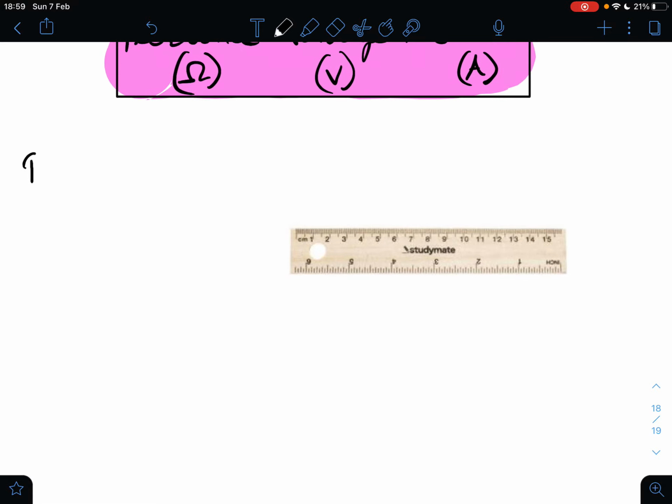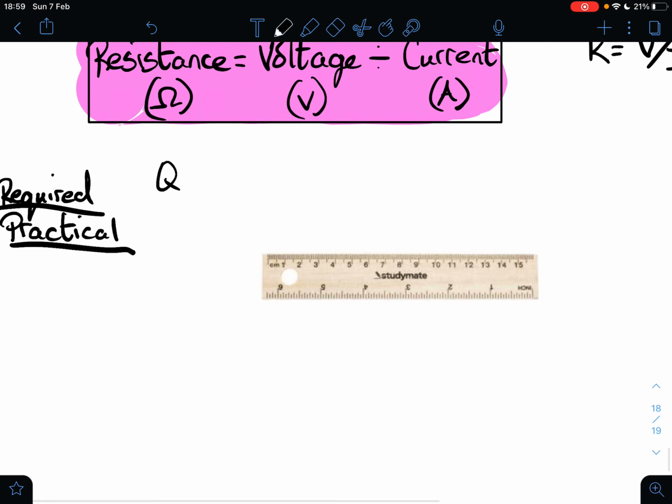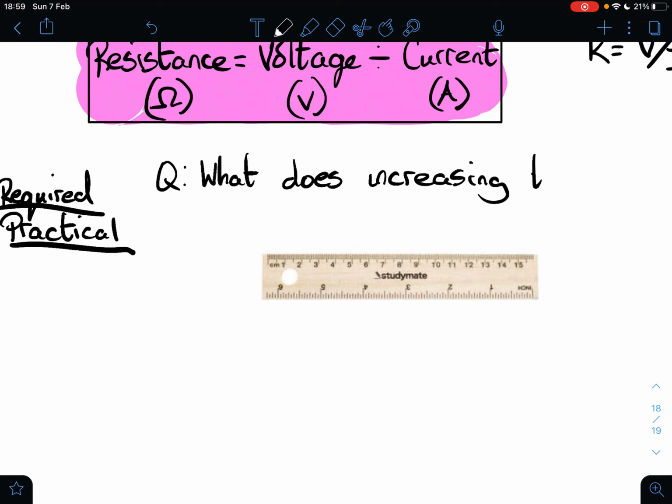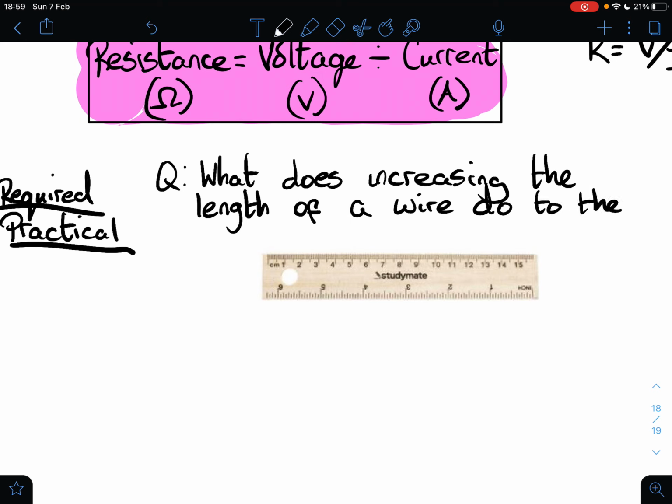So, required practical. Okay, and the question we're answering is, what does increasing the length of a wire do to the resistance of a wire?